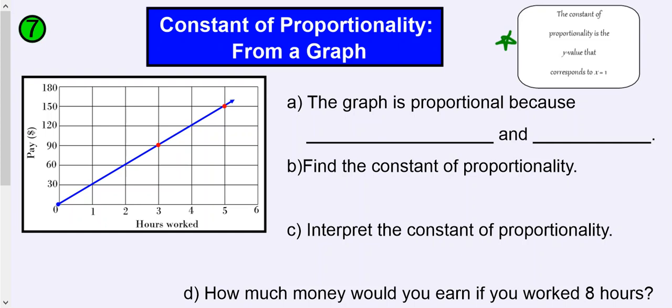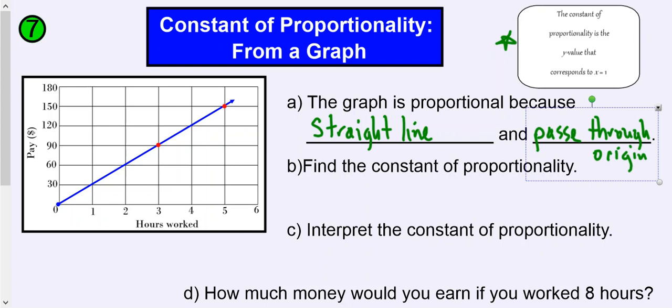So the graph is proportional because it's a straight line and it passes through the origin, 0, 0. Find the constant of proportionality.